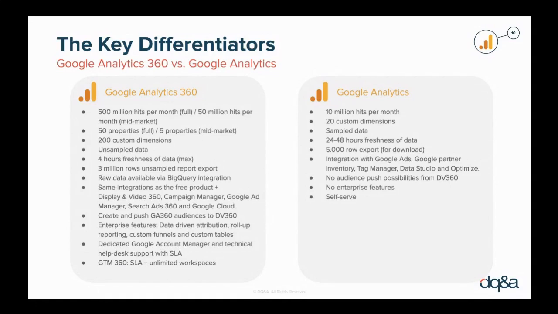One important point is that you can work directly with raw data without having to think about sampling, via unsampled reports that you can export from Google Analytics, or via the BigQuery integration.